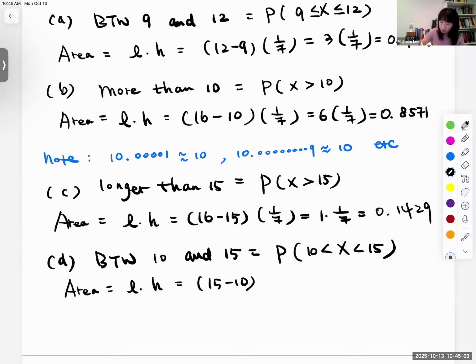All right, very good. Okay, so I'm gonna show you how to use StatCrunch. I'm gonna show you from the previous example, the ABC. Okay, so we have a normal curve here.